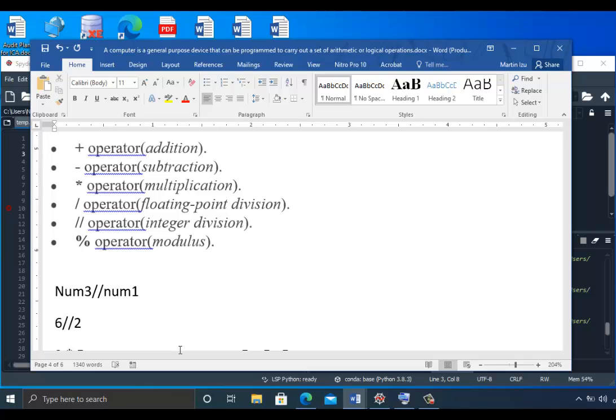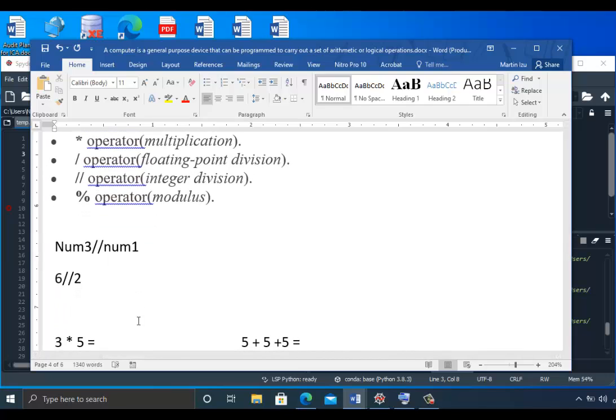To put it in simple terms, how many 2's can we find in the value 6? That will be accomplished by this, and the result will evaluate to 3.